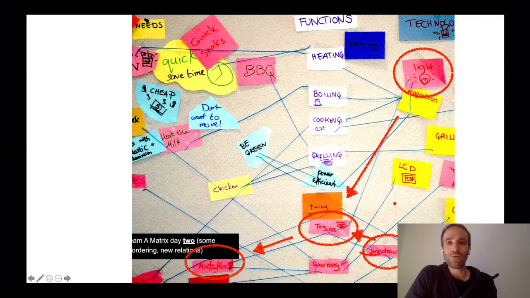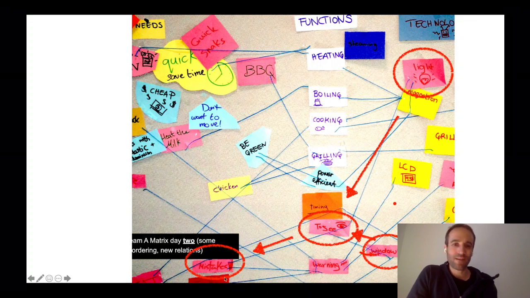Functions: heating, boiling, cooking, grilling, power efficient, timing. I need to see the food, right? Warning, right? Needs: check for mistakes. You know, when the milk spills inside the microwave, we need to check. So it's a function. And here we have technologies. So we have a light inside the microwave, we have an LCD, we have buttons, right? Everything is connected, right? So look at these red arrows here.